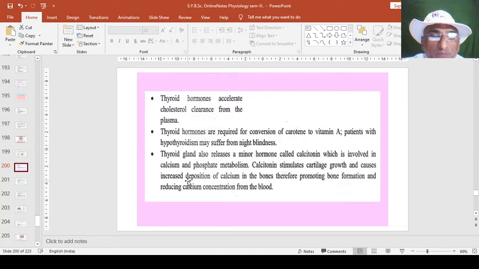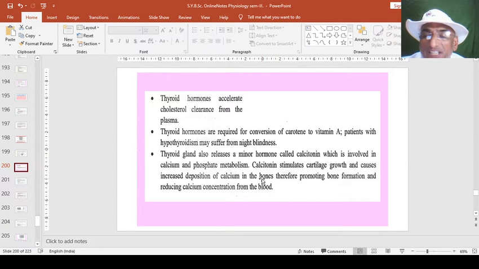So the thyroid gland also releases a minor hormone called calcitonin. This is a normal minor hormone which is involved in calcium and phosphate metabolism. So these two elements are metabolized by the proper functioning of the hormone.